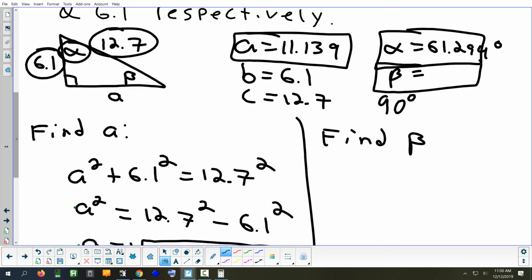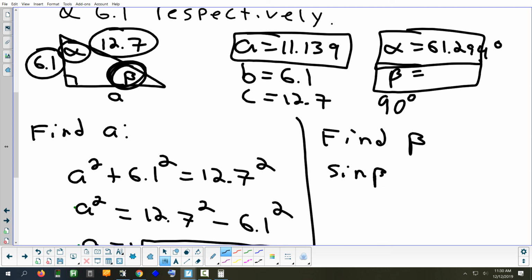We're going to find beta, same way we found alpha. We're going to use inverse trig. So here's beta. What trig function would you use to find beta? Sine, opposite over hypotenuse.